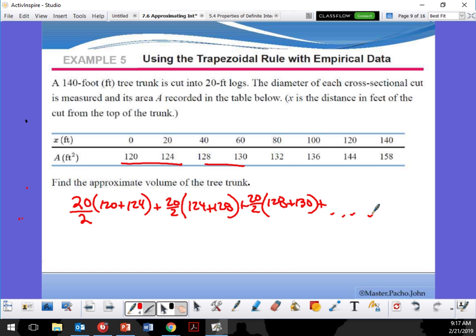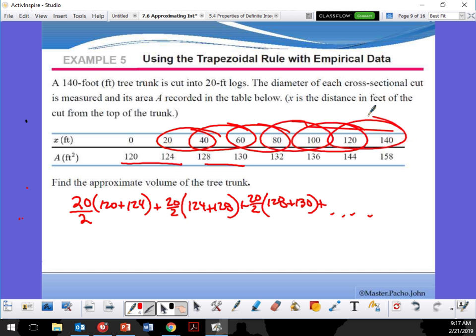Are they uniform? There's 20. That's 20, 20, 20, but that doesn't matter. If they all are uniform distance apart, what can I do with my delta x there? I can factor it all out, right? Because it's all going to be 20 over 2, isn't it? So if it's all uniform now, I can take that out.